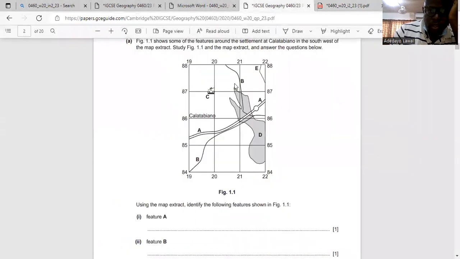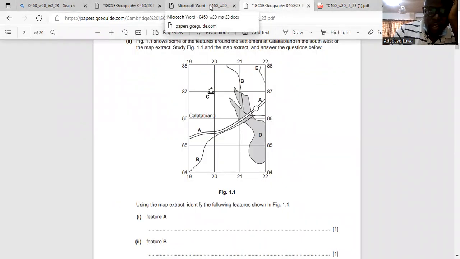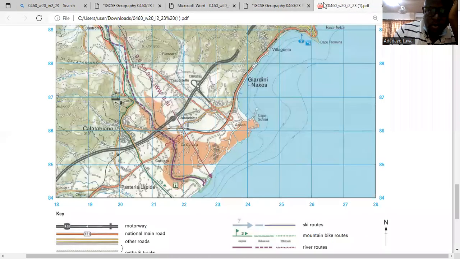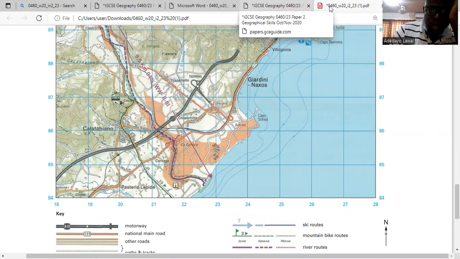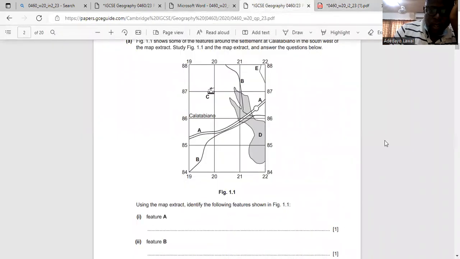Let me see it again. If you check it, it's a railway. If you go into the key and check, it's a railway. So I run quickly to C.